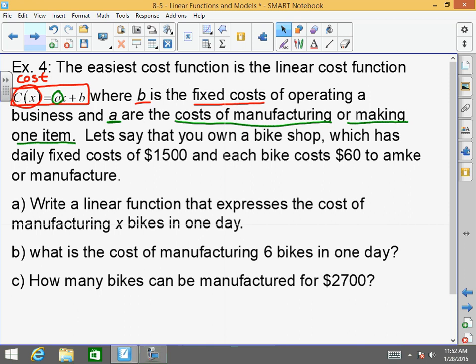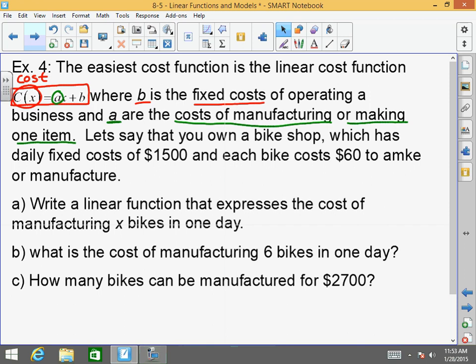But your A, your cost of manufacturing, well, you've got to pay someone to make it. You've got to buy supplies to make whatever it is that you're making. Those are different costs, okay? And that is what's called your manufacturing costs. And that's your A.